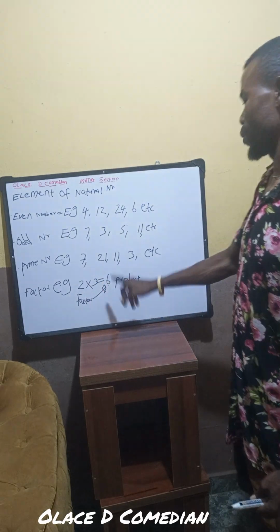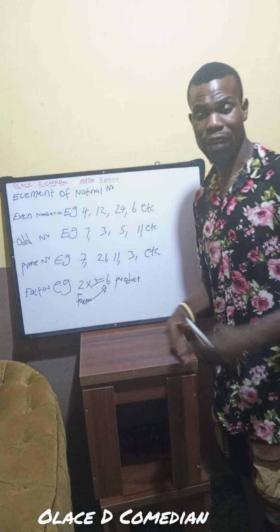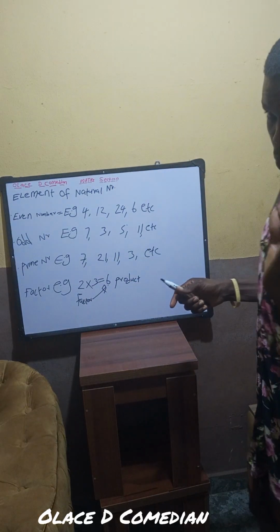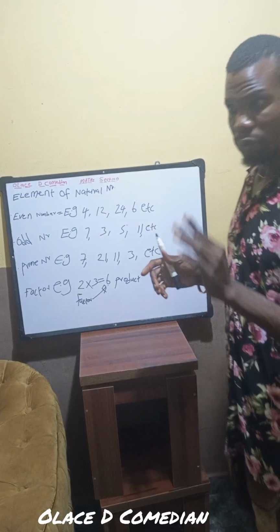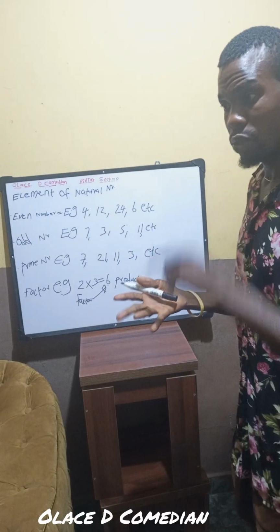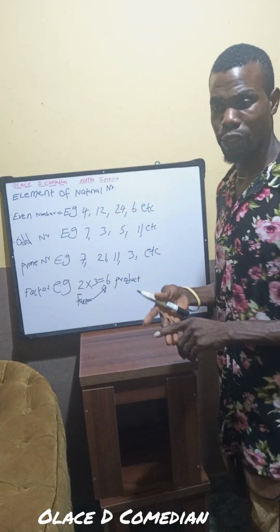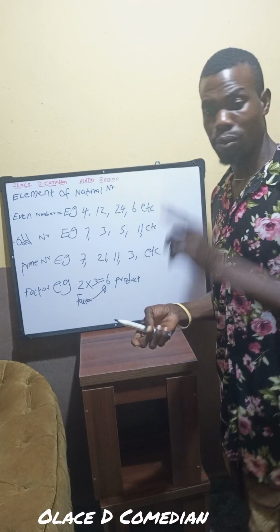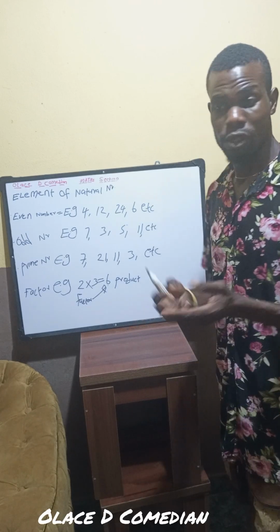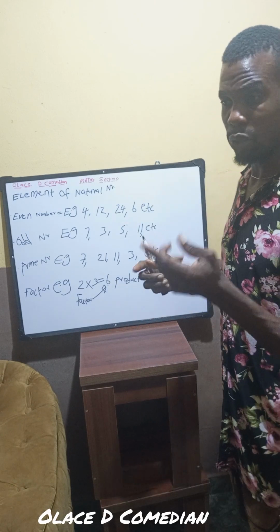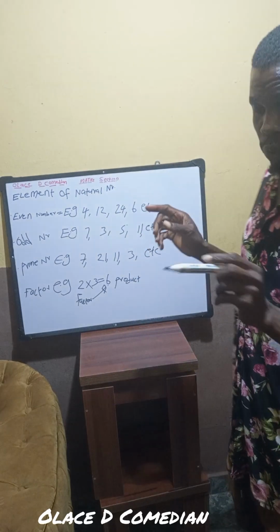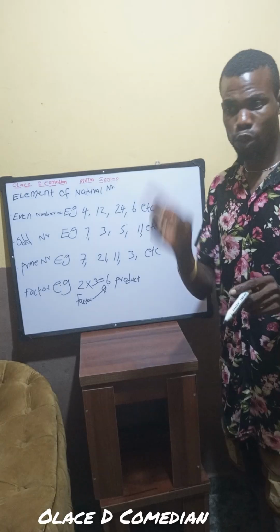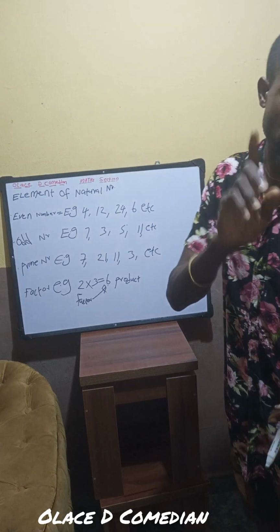So it's the same thing as 2 and 3 being factors of 6. The result that we get after we finish our pot of soup is why we call it soup. Because when you bring water, pepper, salt, onion, and you buy your meat, whatever you want to use to cook your pot of soup, after it's done, once it is ready, we call it a soup. Once it is not ready, it's not yet a soup.